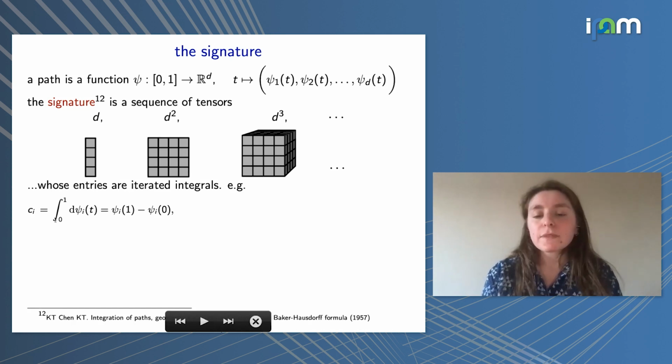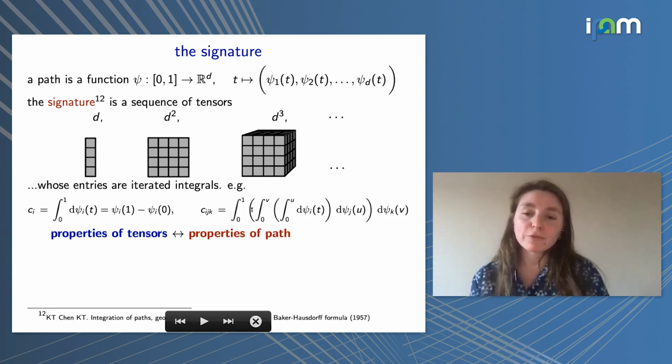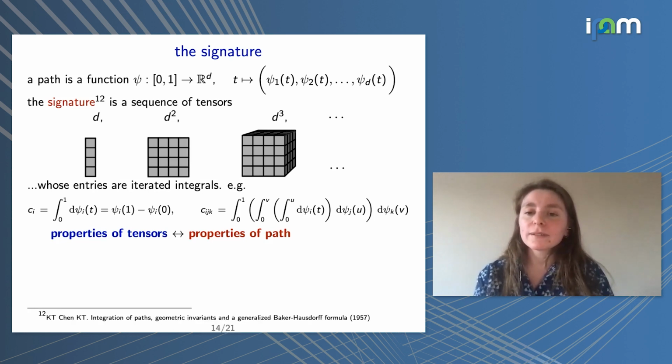And we can extend this to entries of the higher order signatures. So there'll be iterated integrals. I haven't written down a general formula, but this is the idea. So the ijk entry of this third order tensor is this triple integral involving the ith, jth, and kth coordinates of the path.